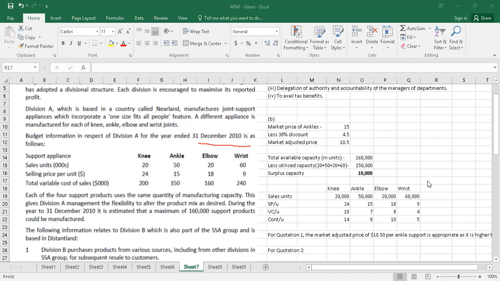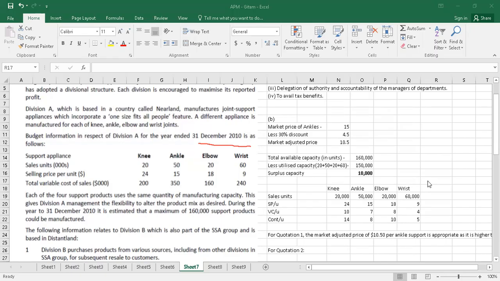Okay, I will only give you. Whichever has the least profitability, the one which earns low profits, that product's production can be cut down. That will be the criterion. So contribution margin per unit is calculated. Knee gives a contribution of 14.